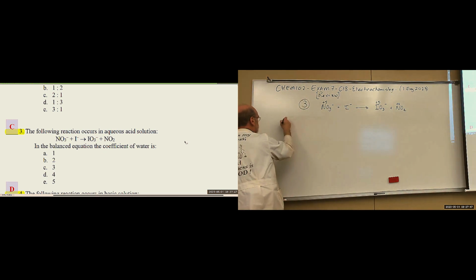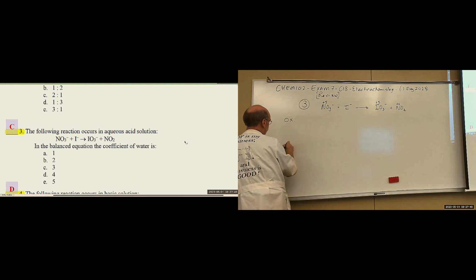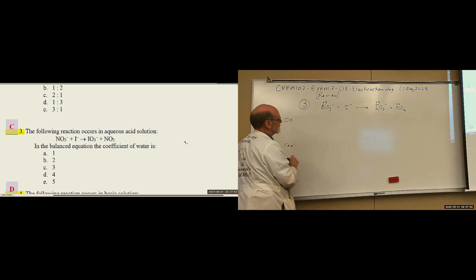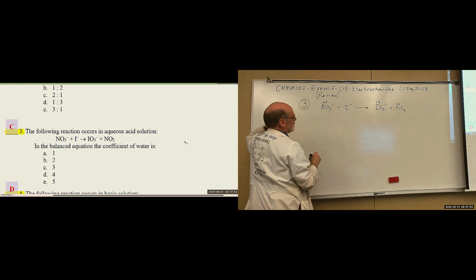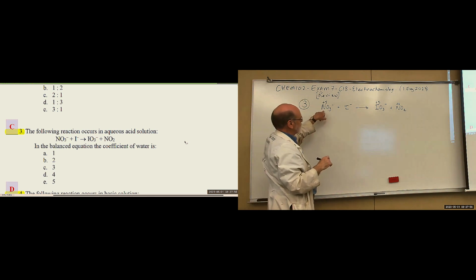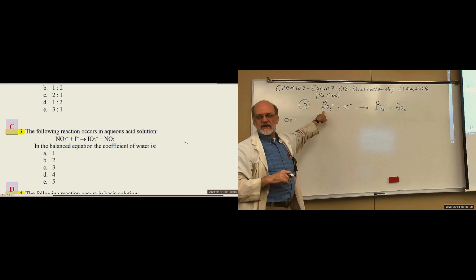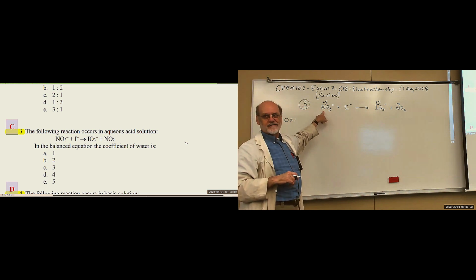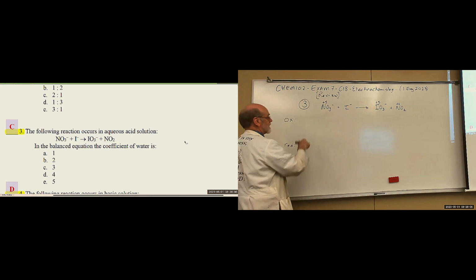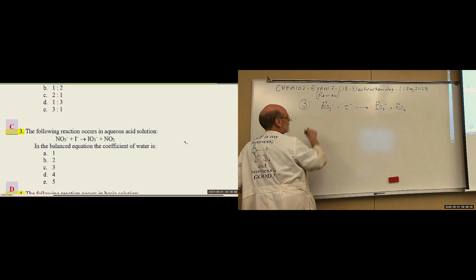Now we need oxidation reduction reactions. Okay, let's see. Nitrogen goes from a +5 to a +4. Oxidation or reduction? Yeah. Right, we had to add 1 negative to this one to get to that point.